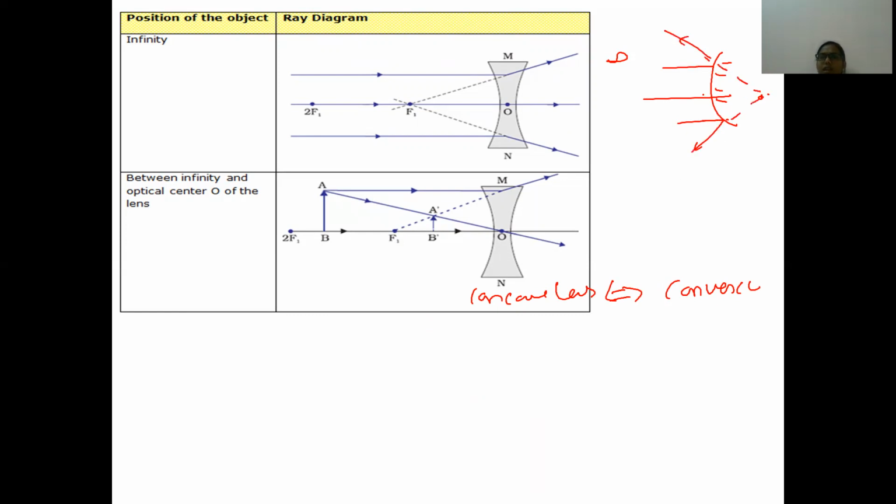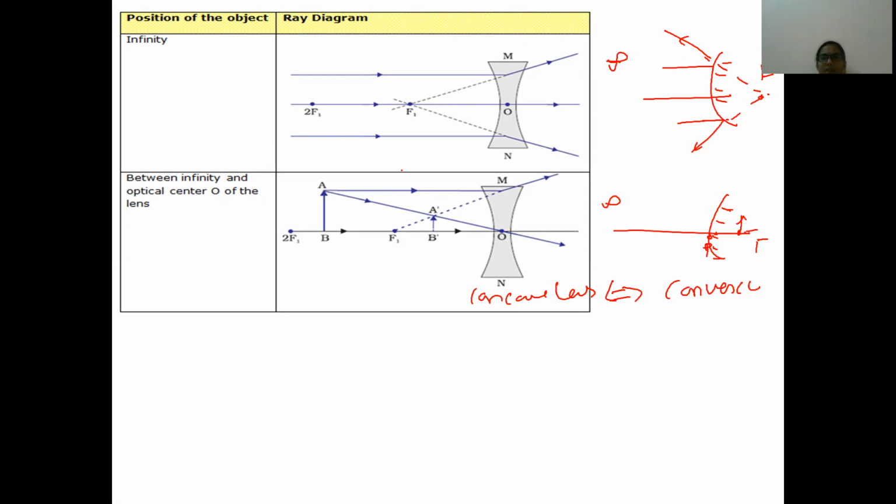So when the object is at infinity, the image is formed at the focus. And when you place the object anywhere between infinity and the optic centre, you will get the image between the optic centre and focus, with a diminished size.